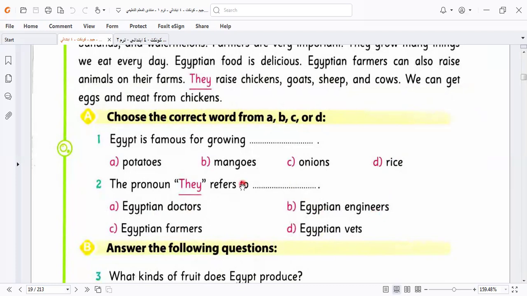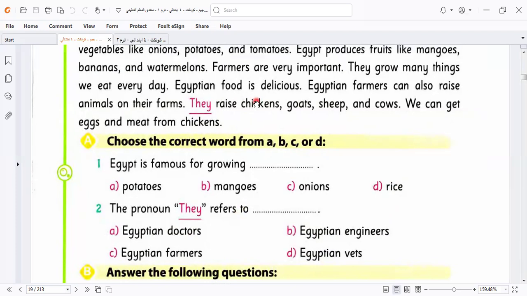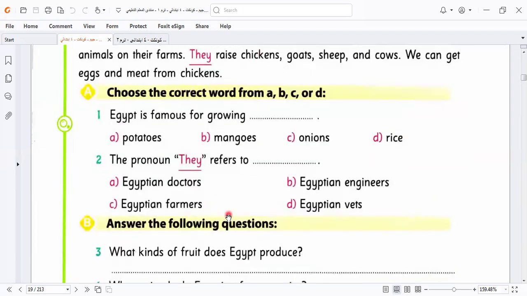So when we say they here, we talk about the one who is producing or cultivating crops. Which one cultivated crops in this text? Egyptian farmers. It's not the Egyptian doctors, not Egyptian engineers, not Egyptian vets.